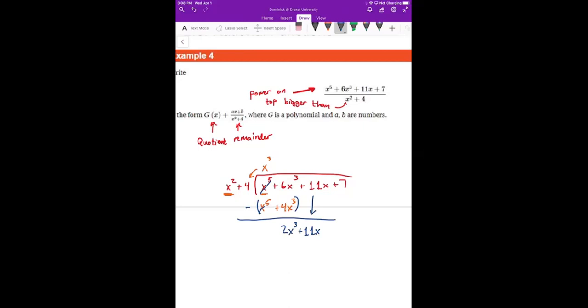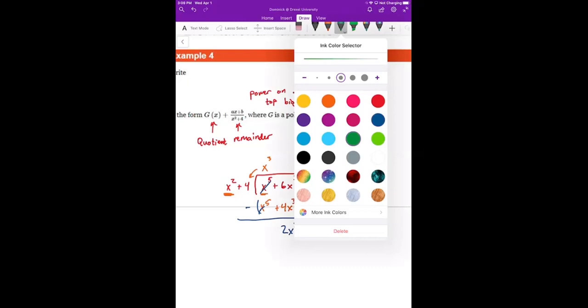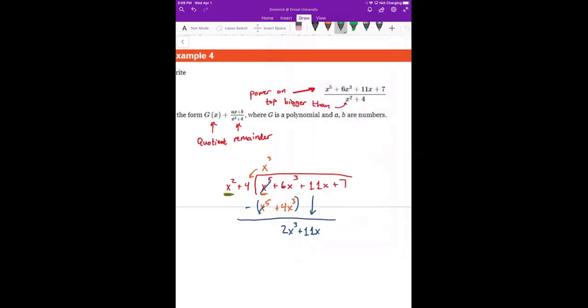How many times does x squared go into 2x to the 3rd? Well, I would need a plus 2x, right? Because then I would go from 2x to x to the 3rd. I would need one more x, right? So we have, when I multiply through, a 2x to the 3rd plus an 8x.